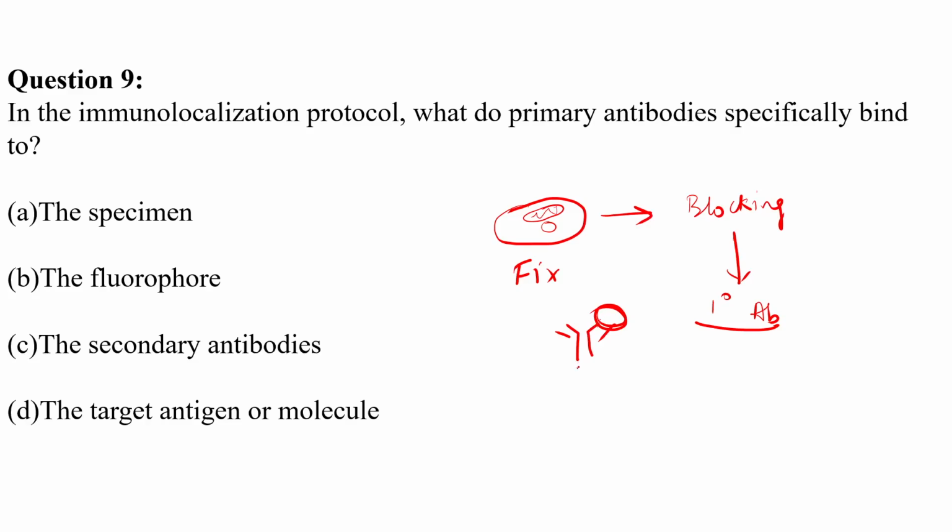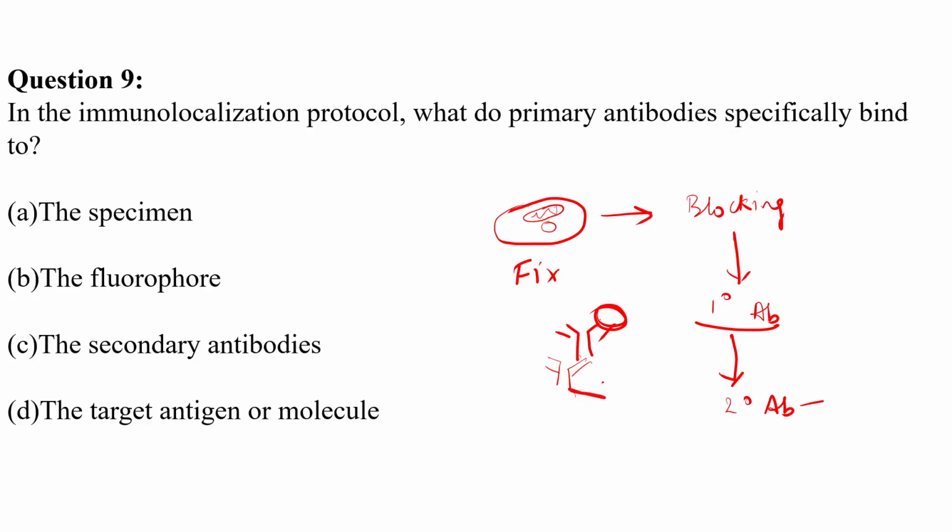Now I'll add a secondary antibody that will have some enzyme or some fluorophore linked. That secondary antibody will be specific to the primary antibody, so it will come and bind to the primary antibody.